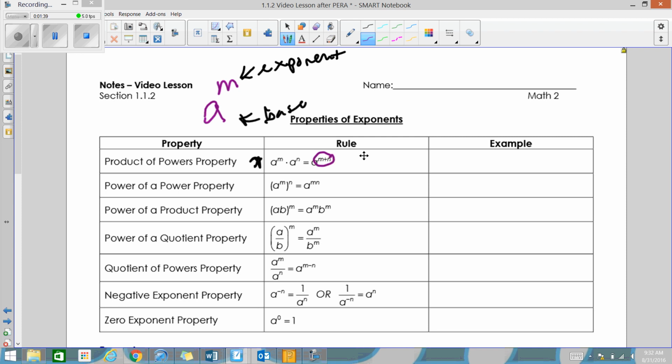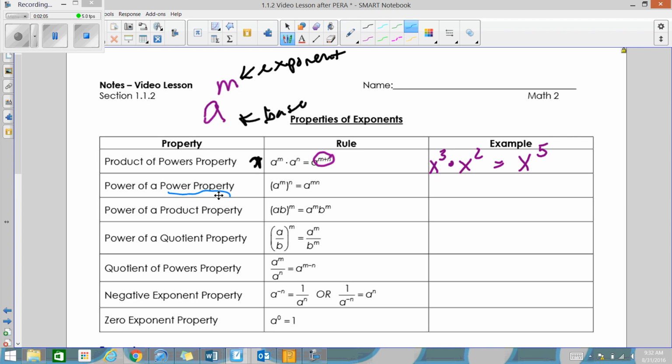The base stays the same, but you add the exponents. An example you can write down is x to the third times x to the second. We are multiplying our two exponents together, which means we are adding the exponents. So it's 3 plus 2, which is 5, not 6. Your base stays the same, you just add the exponents.